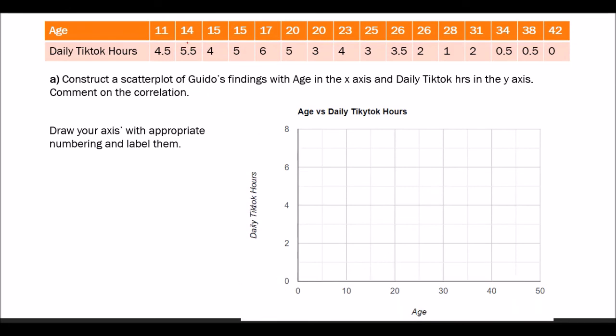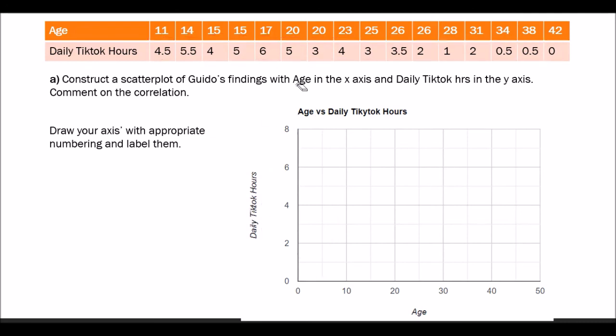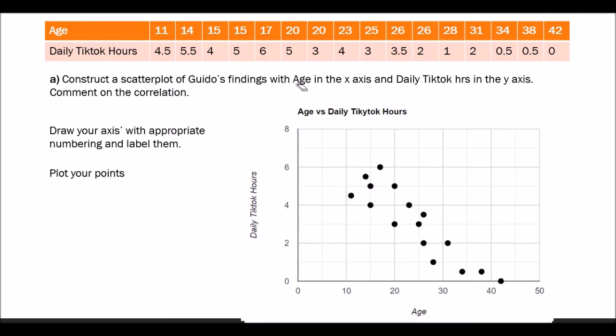And for your hours, I've got everything from 4.5 all the way to 0. So make sure you've included all of those values. From there, plot it. There's the plot. Nice and easy. Do we know how to plot points? It's not that hard. All right, plot your points.